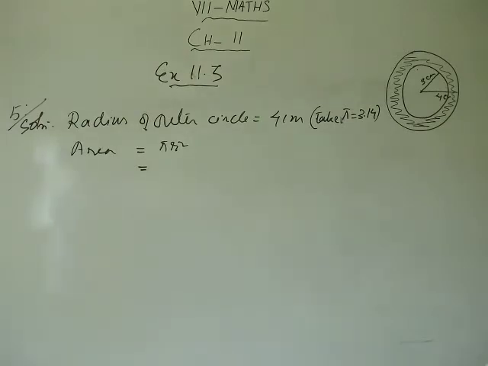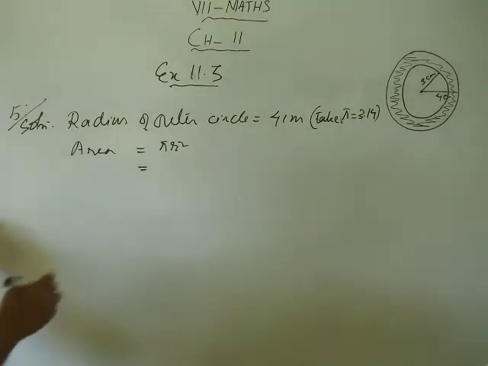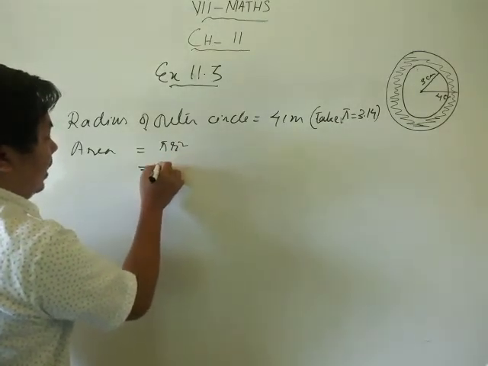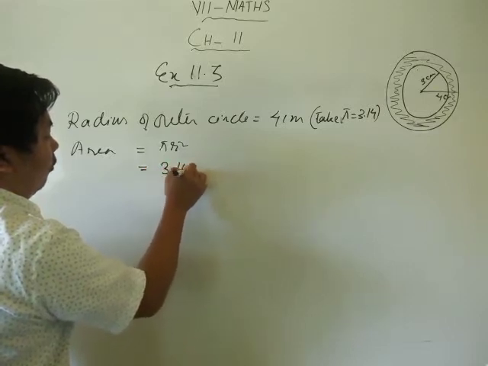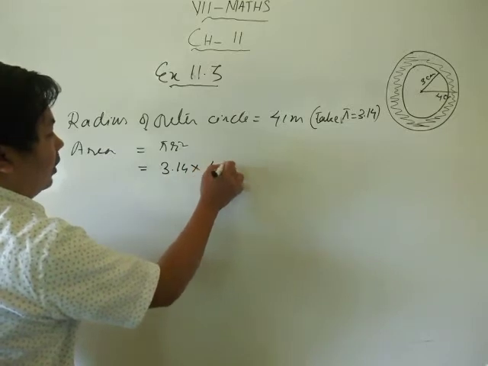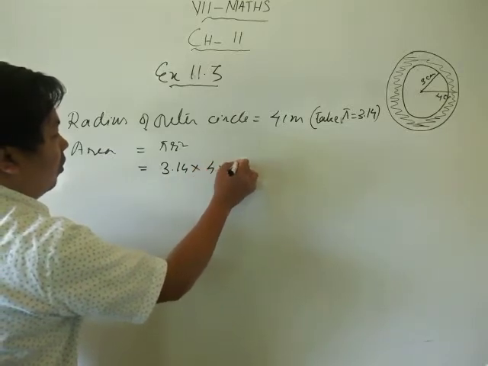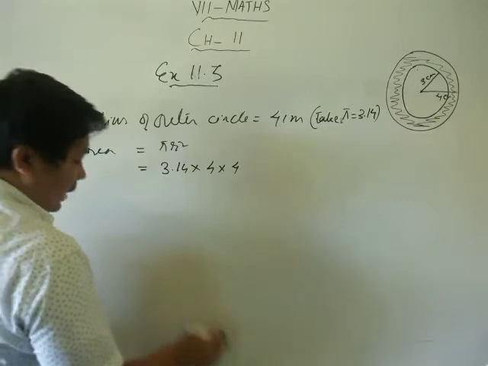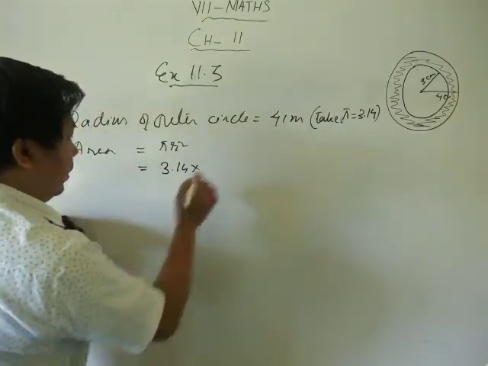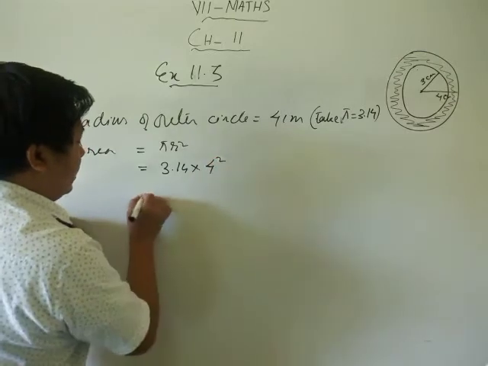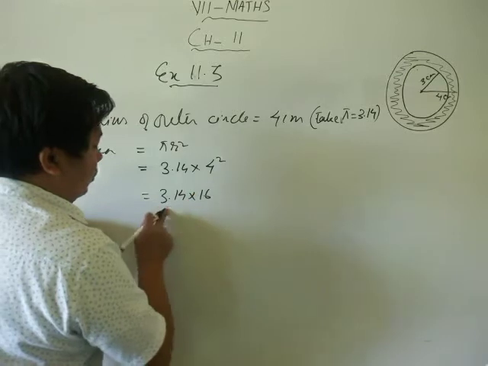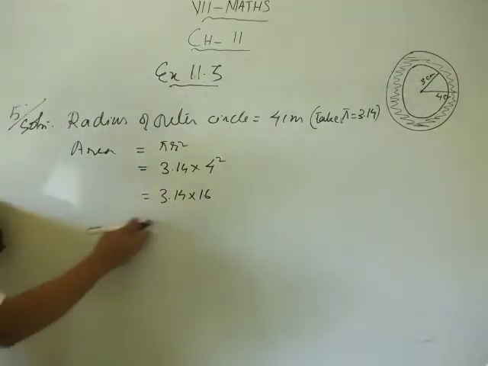So pi r square, then now, my dear student, 3.14 into r. Radius how much? 4 into 4, that is 4 square. That is 3.14 into 16. So 16 and this 3.14 we have to multiply.